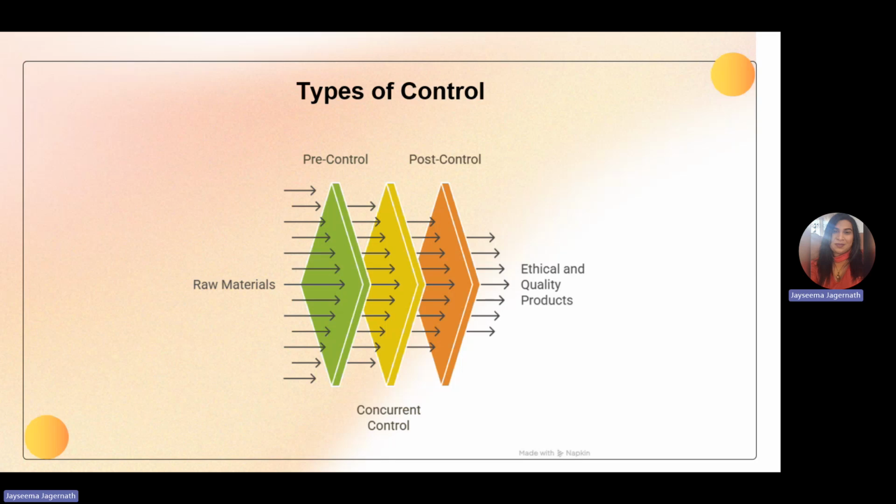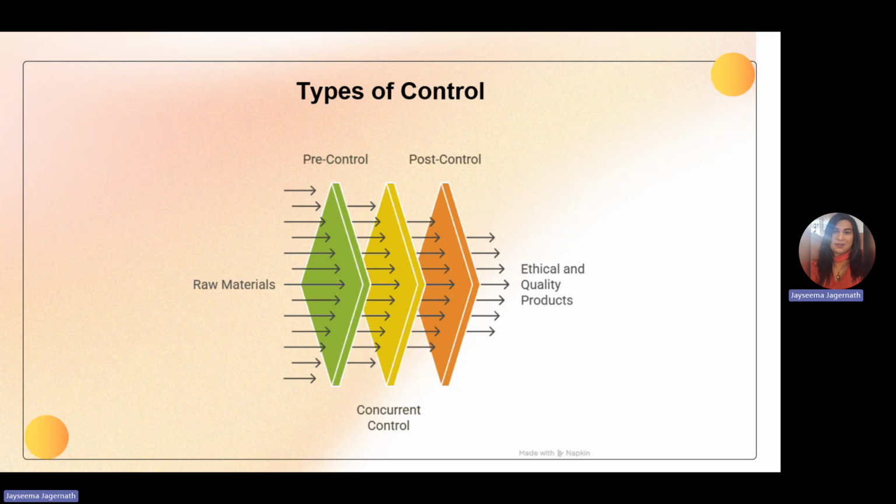And during pre-control, whatever goes into that manufacturing process must meet a certain quality. So if I want to make a cake, okay, because it's very simple now, I must make sure that all my raw materials that are in that cake is of a standard that I want that cake to end up like. All right, I have to do pre-control to make sure a quality check is done on that.